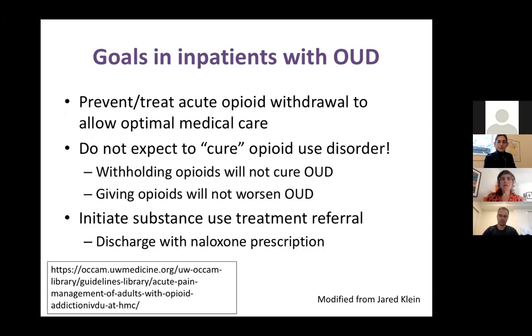It sounds kind of silly when you say it out loud, but I think sometimes we think that, oh gosh, this person has such a terrible problem with opioids. I don't feel comfortable giving them more. It could make the opioid use disorder worse. I should withhold opioids. Maybe it'll kind of make it better.